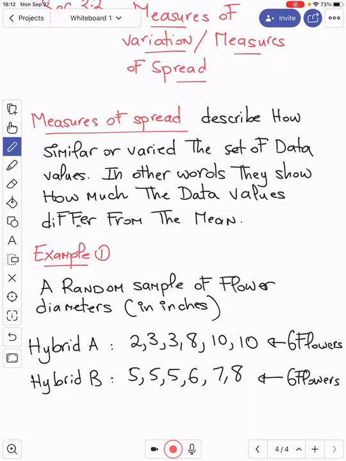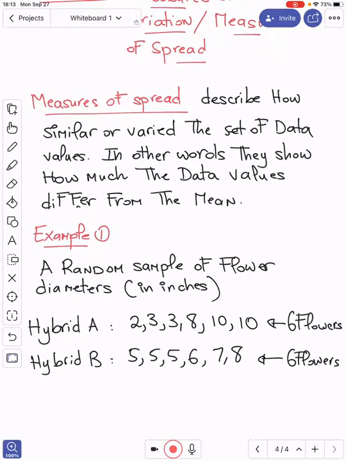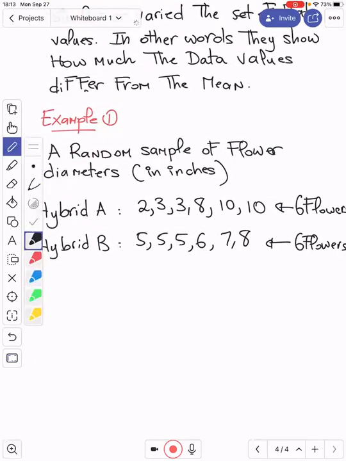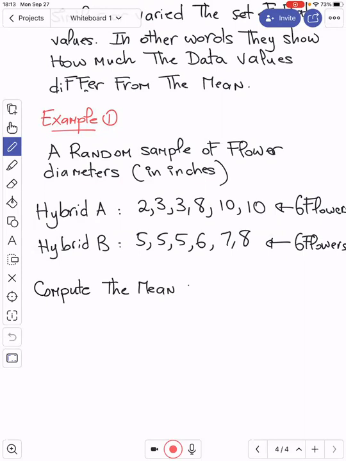Of course, we can compute the mean of the 2 hybrids. So for the hybrid A, let's first compute the mean diameter.